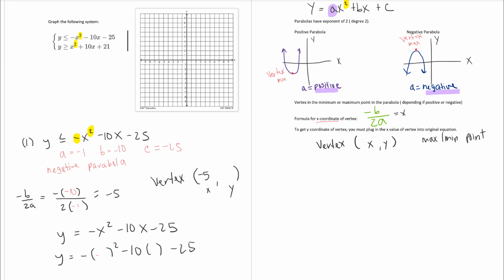And that value that I'm plugging in is negative 5. When I plug that in, I get my simplified answer, and I end up getting 0. So I have negative 5, 0. I know that my parabola is going to be negative, and I have my vertex of negative 5, 0. So I'm going to plot negative 5, 0 on my graph.